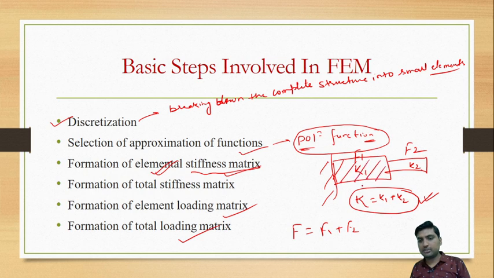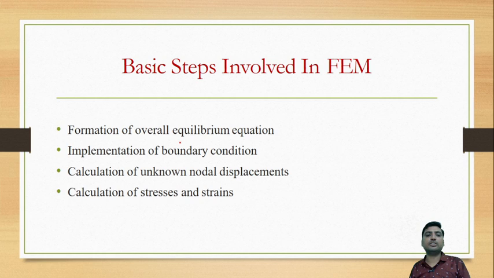So first we see for the element and then we add up to get the total structure. The next is formation of the overall equilibrium equation. Then we will use the equilibrium equation and apply the boundary conditions, and that equilibrium equation is F equals K into delta. This is the basic equation we will use in FEM.